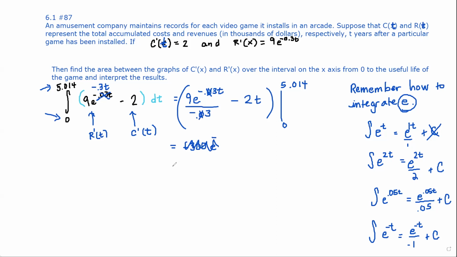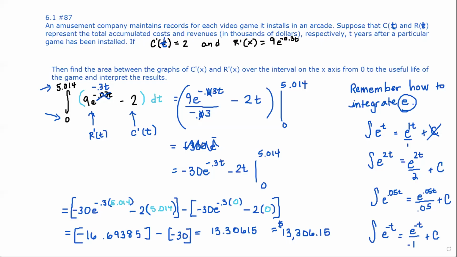Excuse me. So we're going to get a negative 30 e to the negative 0.3t minus 2t evaluated from 0 to 5.014.